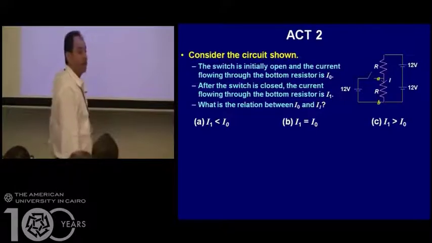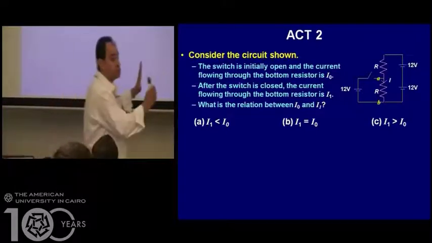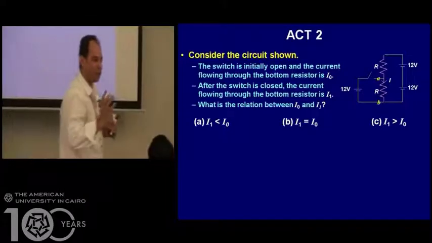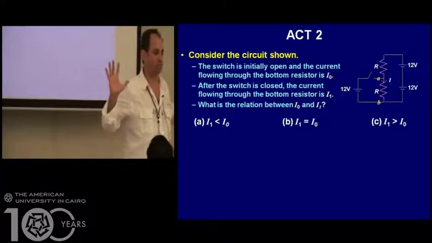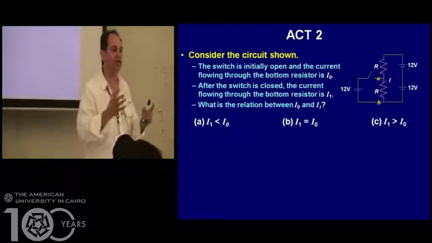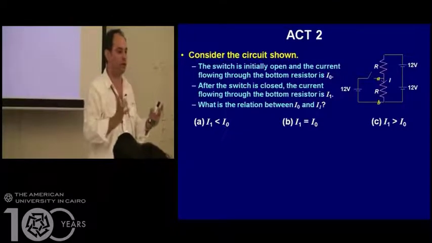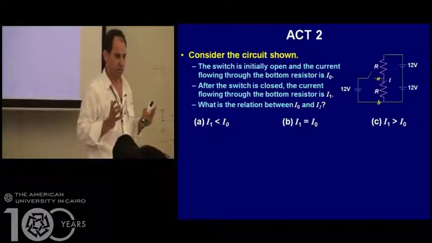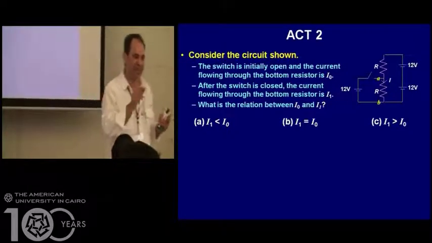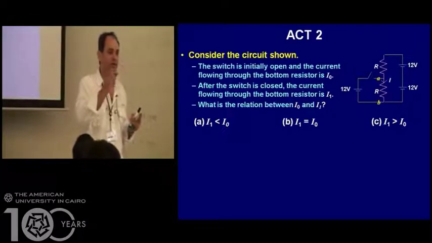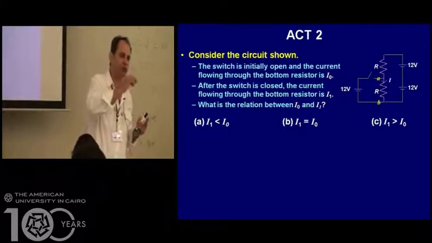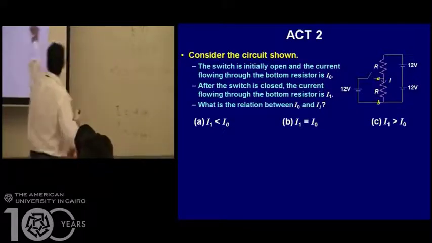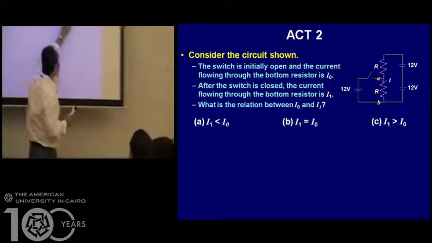Okay, Ala, when I choose a loop, I assume that there is a net current flowing in that loop, I. That net current is the contribution of all the components in the whole circuit. And I do not analyze what each battery is giving to that resistor. I say that the net current in that loop, I'm going to call it I1.